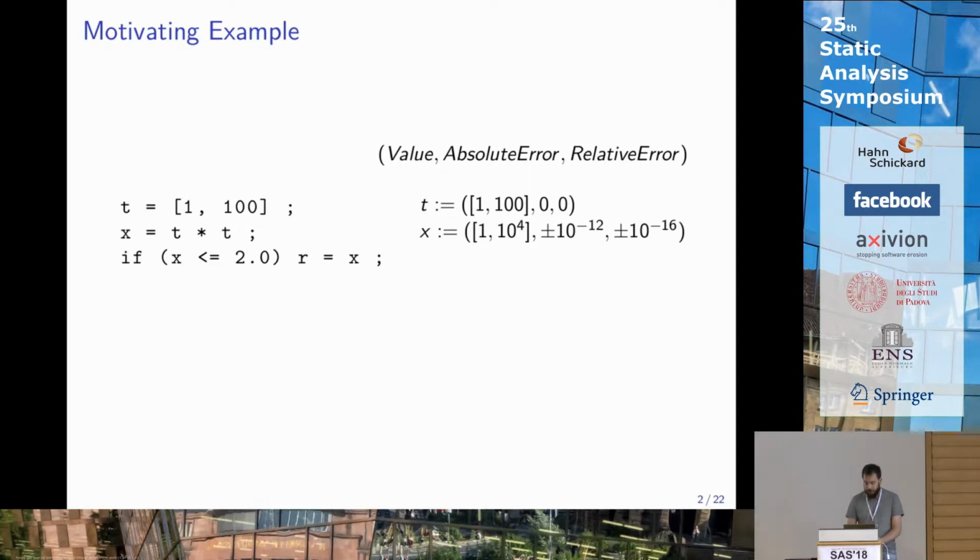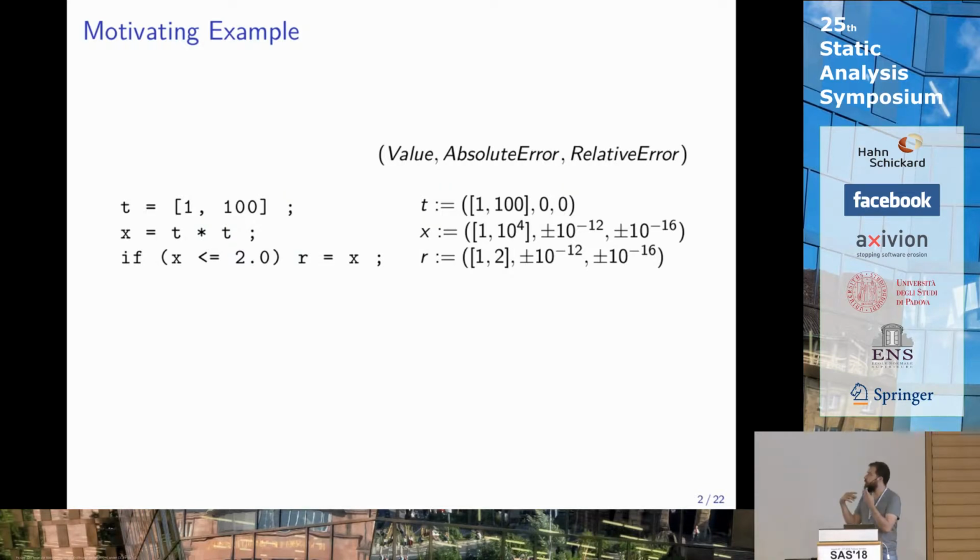Okay, and finally, in the condition, when we consider only a naive propagation, we obtain this information on r. It is assigned the interval 1 to 2, but we have the same errors as x, which is a big over-approximation, because the biggest absolute errors of x are caused by the biggest values of x, and those values do not go through the condition.